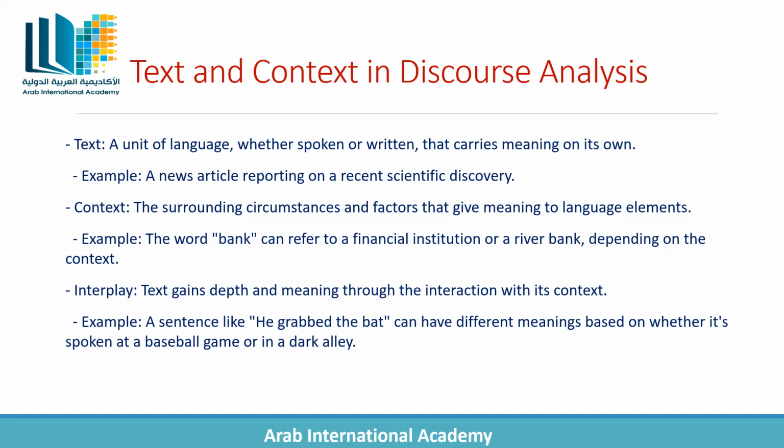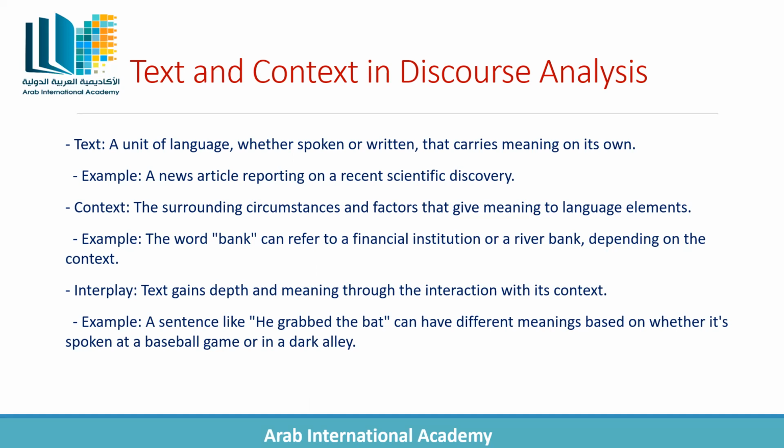So he held a bat to play baseball. If it was said in a dark alley, for example, it could mean a different kind of bat. Now bat becomes a weapon. The interaction between text and context adds layers of meaning, and that's what makes discourse analysis so fascinating.